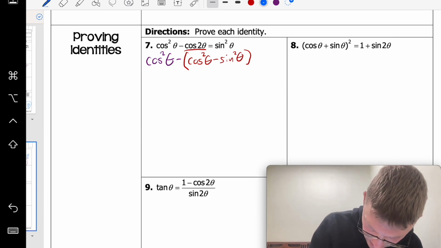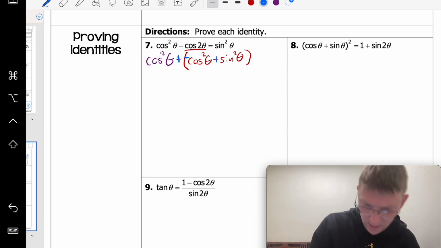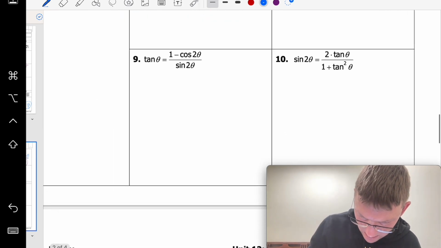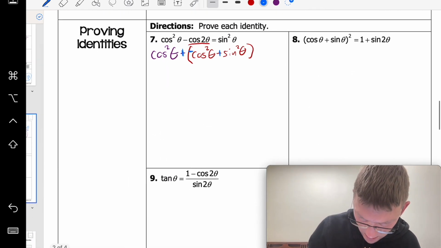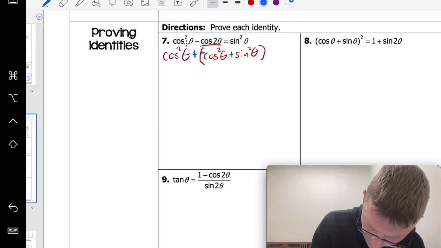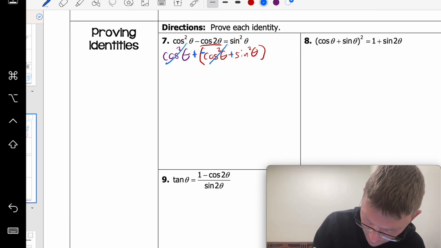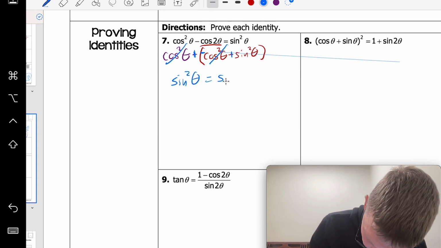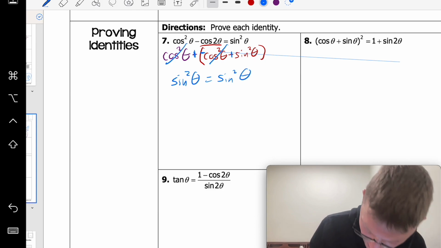We're going to distribute our negative sign. And then combine like terms. When we combine like terms, this cancels out with that one. And then all we have left is sine squared of theta equals sine squared of theta.